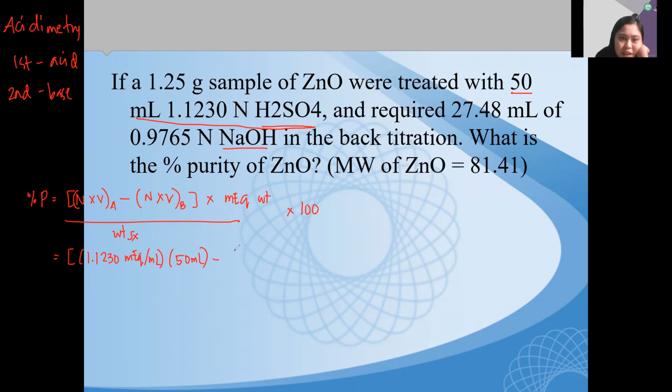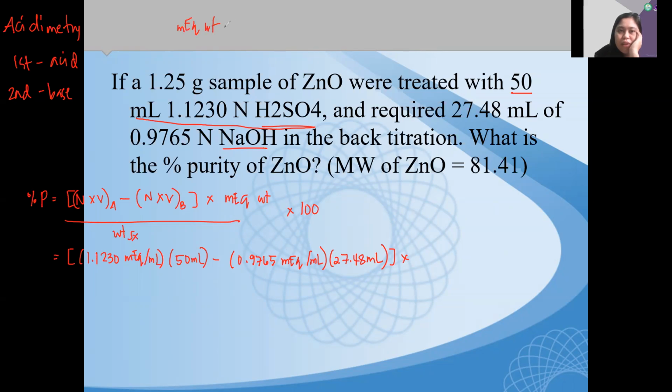We have here 0.9765 MEQ per ml times what is the volume? 27.48 ml times the milli-equivalent weight. We don't have the milli-equivalent weight here. We need to compute for it first.